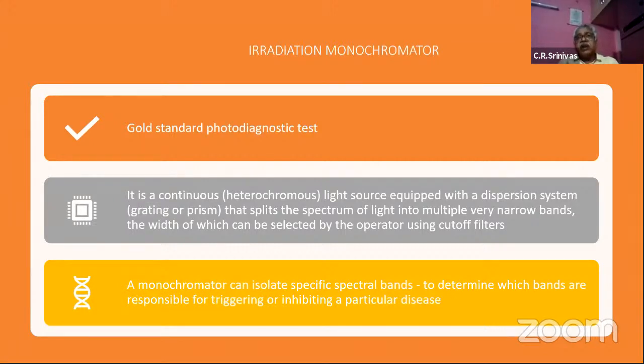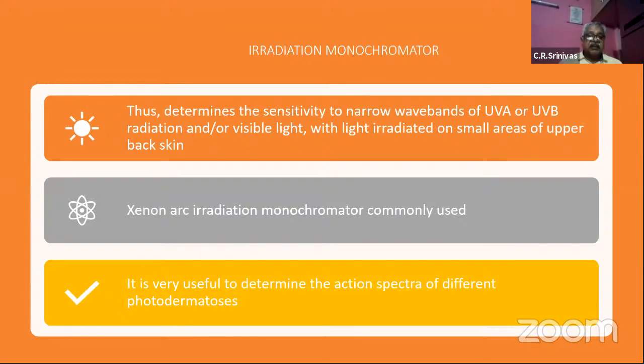With this we have the prism type or the grating type. We can split the rays into different wavelengths and expose a person to different wavelengths, and then find out, plus or minus 5, exactly which wavelength this person is sensitive to. It is difficult to maintain, and only in places where they are doing research is this usually maintained.